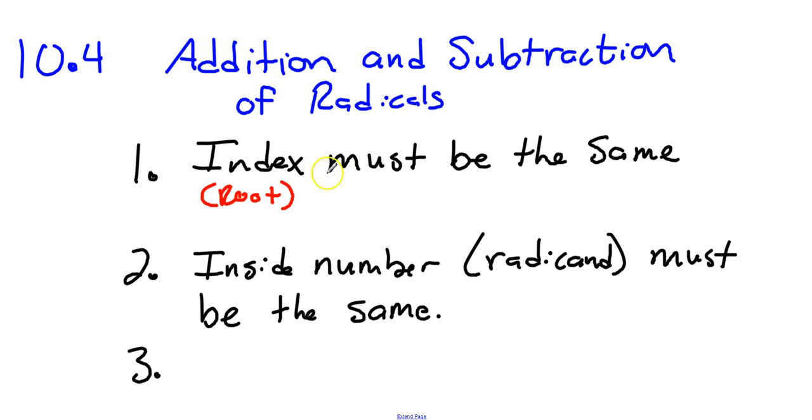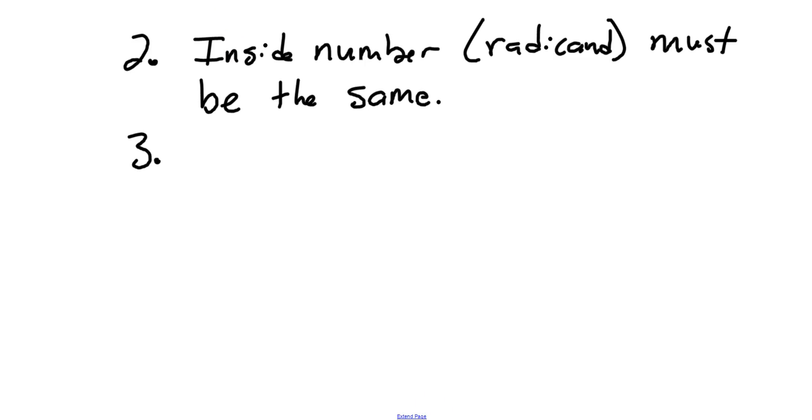But once these two things, if the index is the same or the root's the same, if the number that's on the inside, the radicand's the same, if those two things are the same, then you can add or subtract the numbers that's on the outside.